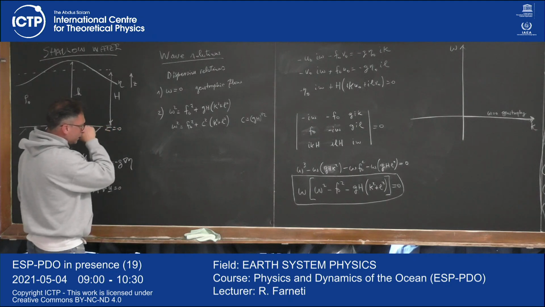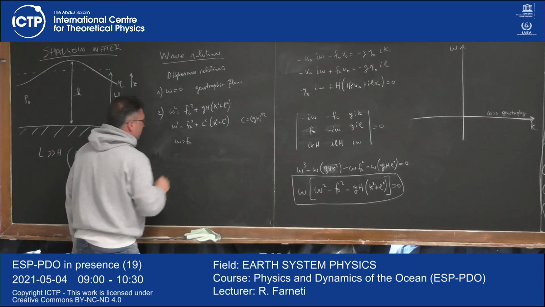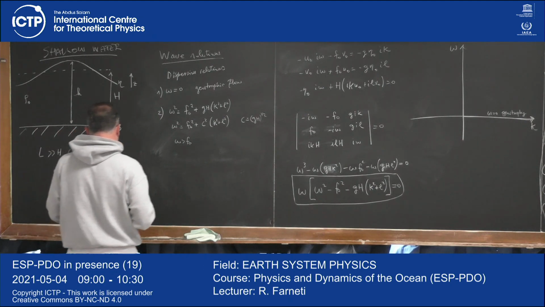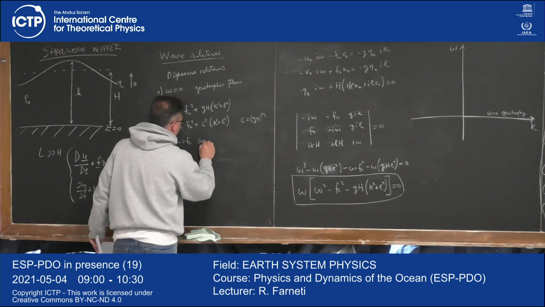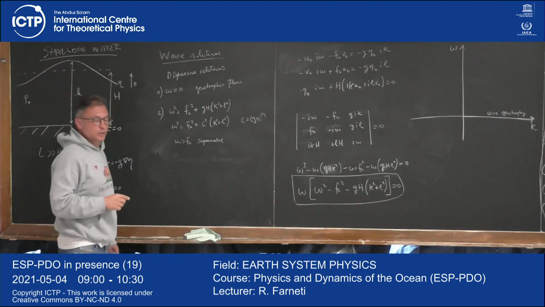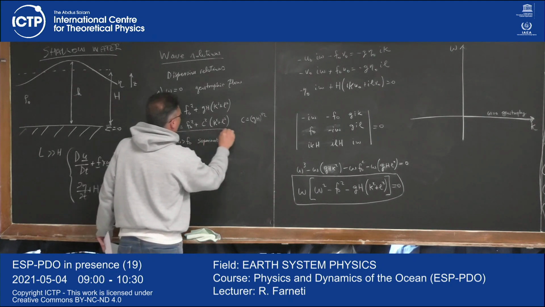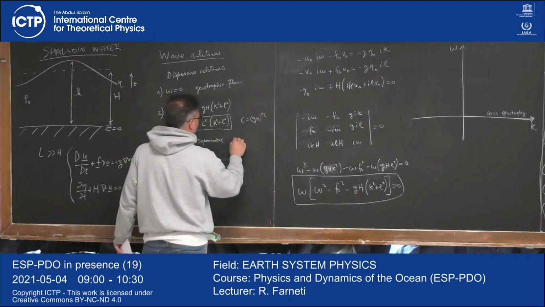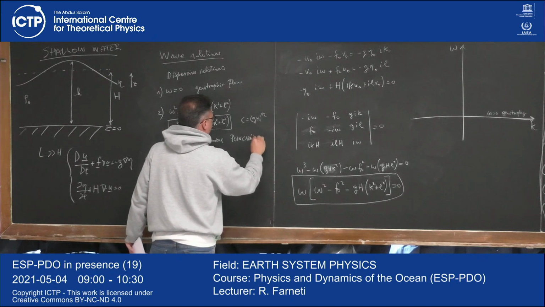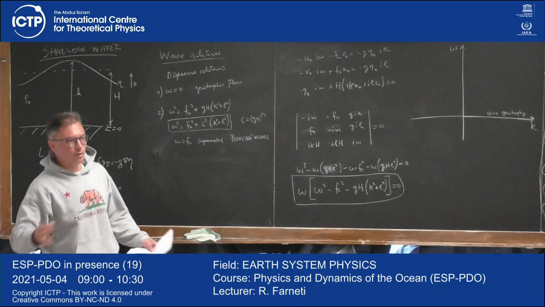So this is the second solution, and as you can see, the frequency is always larger than the Coriolis frequency. So these are waves that are super inertial. The frequency is always larger than f. And these are the general solution of Poincare waves, also known as gravity Poincare waves.